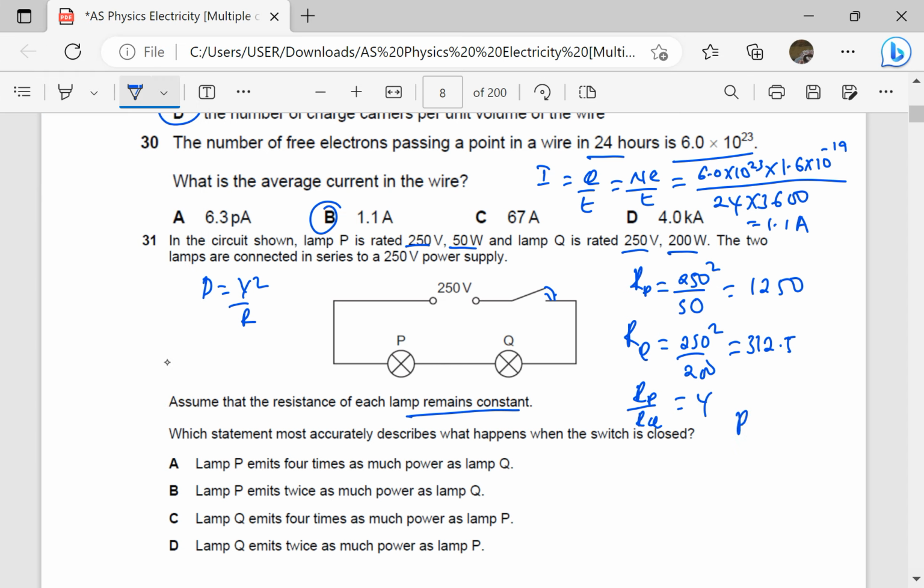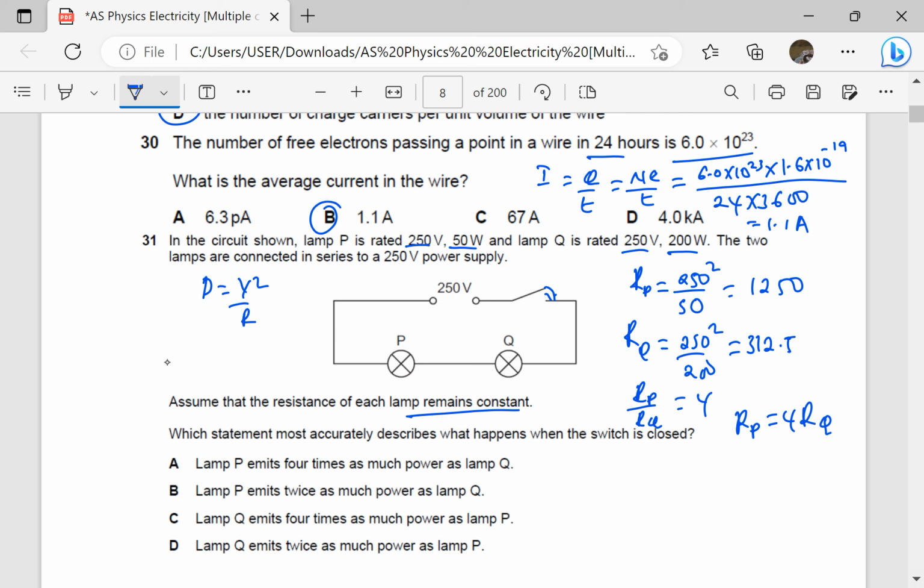So resistance of P is equal to 4 times resistance of Q. Okay. So which statement most accurately describes what happens when the switch is closed?